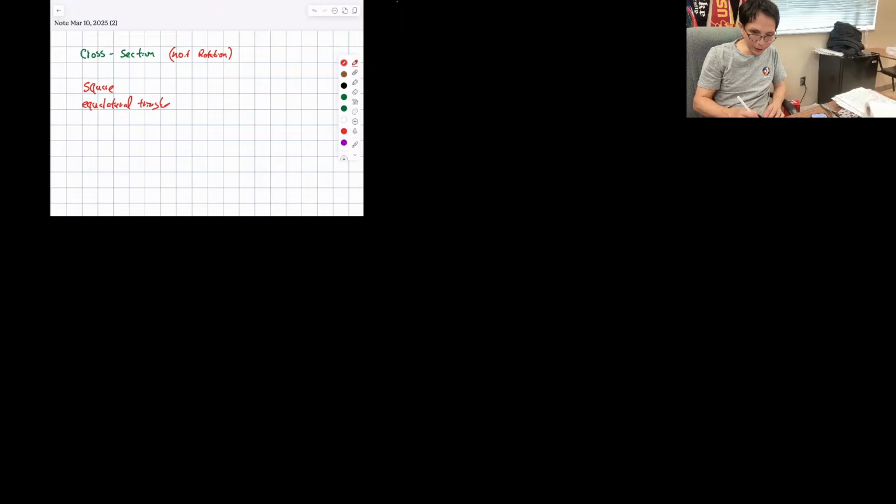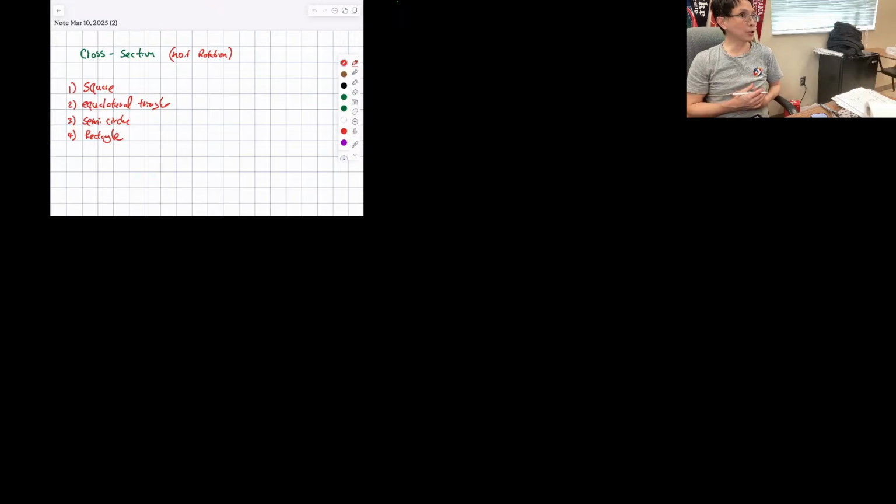And third is a semicircle. Okay, so these are three basic shapes. Four is going to be rectangle, but we probably not going to have time to get to rectangle. But we have a square, equilateral triangle, semicircle, rectangle.